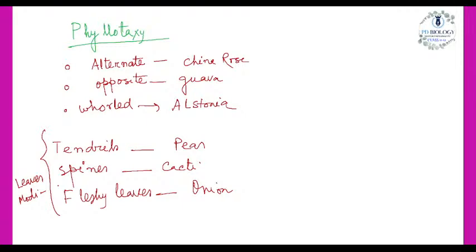So from leaf, then we move to the most important part, that is the flower. The flower and its inflorescences. So flower is a modified shoot wherein the shoot apical meristem changes to the floral meristem.